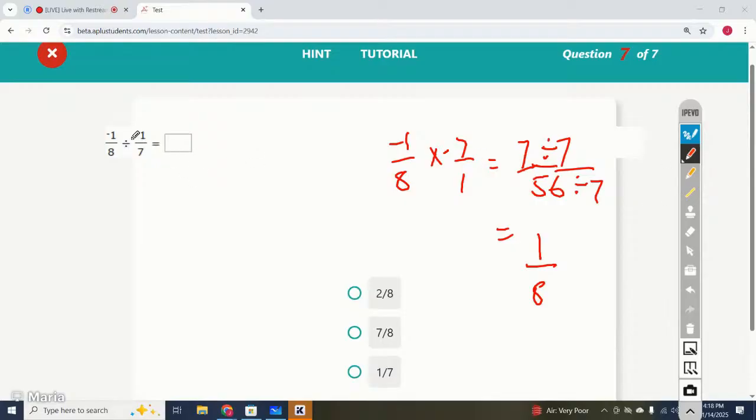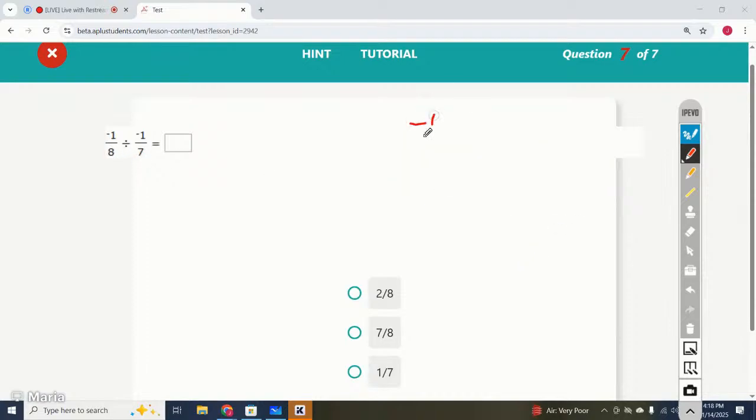We are not given the correct option. Why? I made a mistake. It is negative 1 over 8.